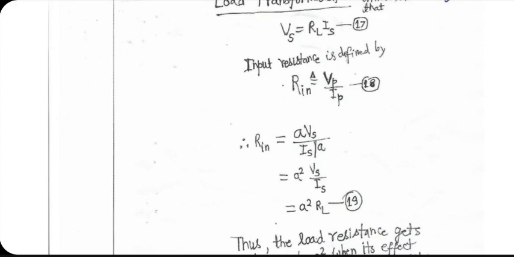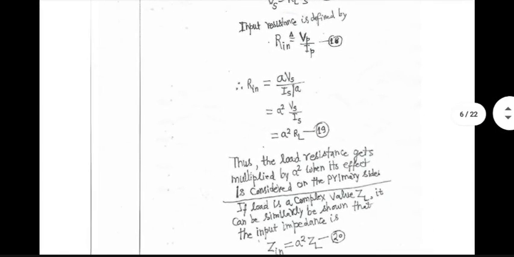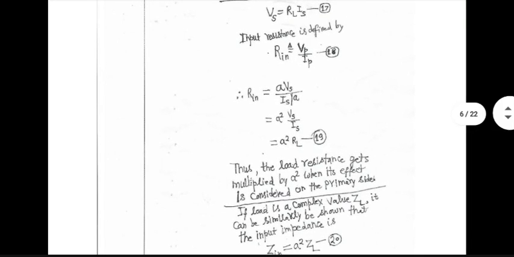If I had a complex load ZL, then input impedance Zin would have been a square into ZL. That's it. So the load impedance gets transformed by a factor which is the square of the turns ratio when you go from secondary to primary.